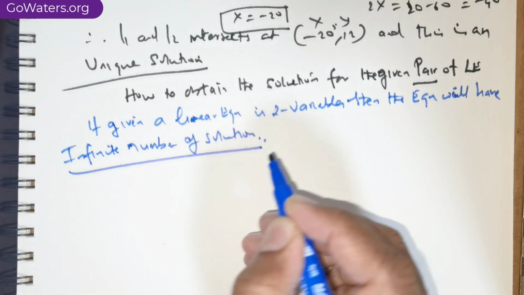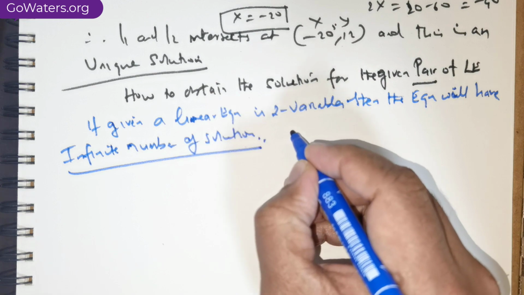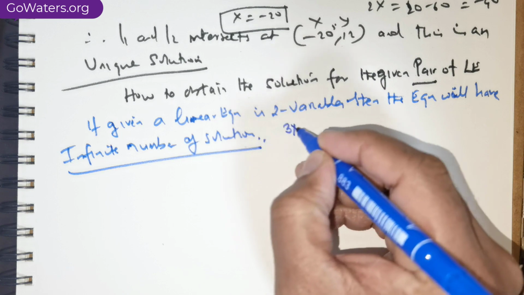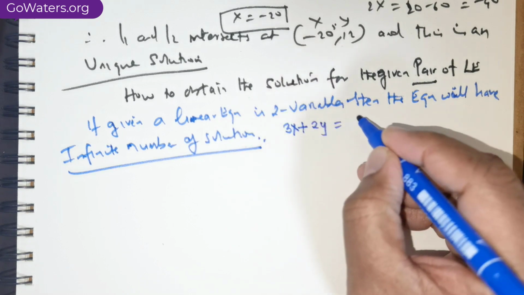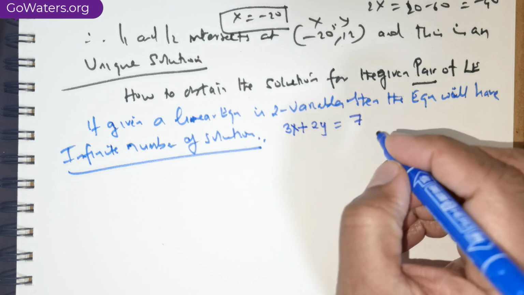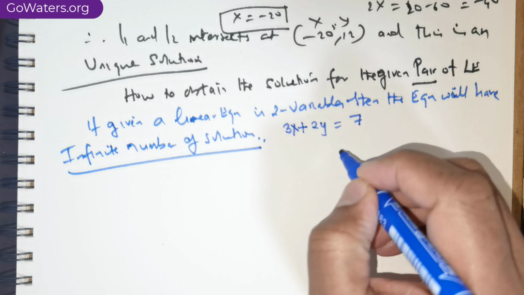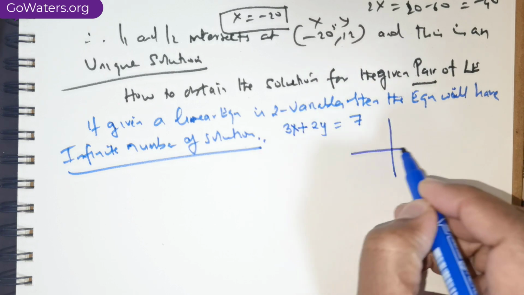Have that in mind, because suppose, imagine you have a linear equation in two variables, say 3x plus 2y is equal to some 7. Now if you were to draw the graph for this function, let us assume the function is of this fashion.